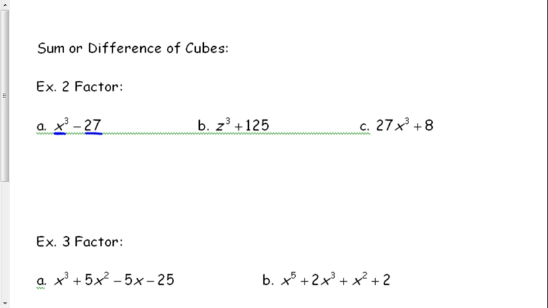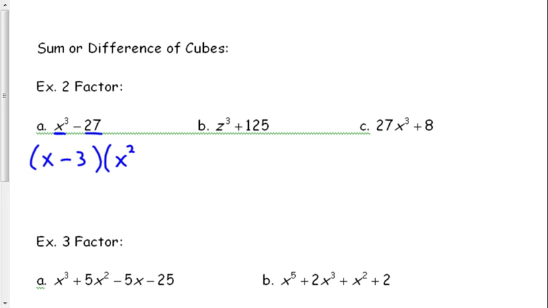So the way that you do this is you start with a binomial. In that binomial, you should take the cubed root of each term. The cubed root of x cubed is x. The cubed root of negative 27 is negative 3. Then you're also going to have a trinomial. In that trinomial, square the first term from the binomial, so x squared.